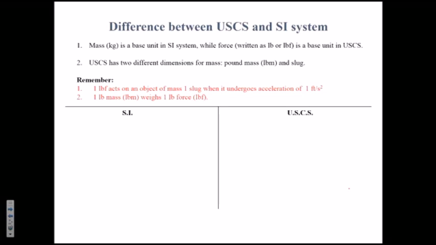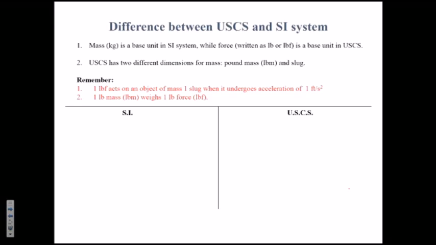Same thing over here for the USCS, except that the force is no longer Newton, it's 1 pound force. The mass is not 1 kilogram, it's 1 slug. And the acceleration is not 1 meter per second squared, but 1 feet per second squared. So all you're doing is taking that basic definition that comes from the SI system and writing your units in the USCS system, where the mass is slug, acceleration is in feet per second squared, and the force is pound force.